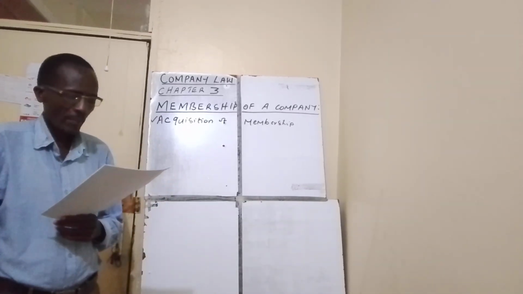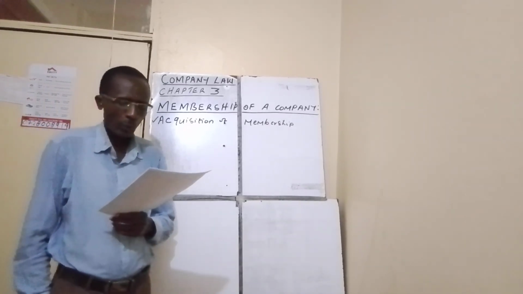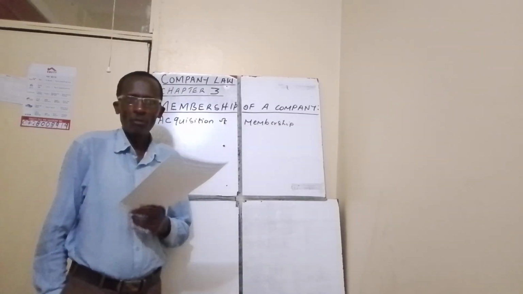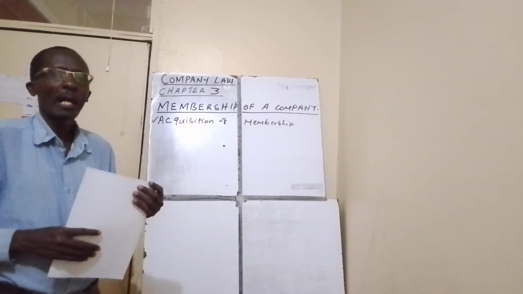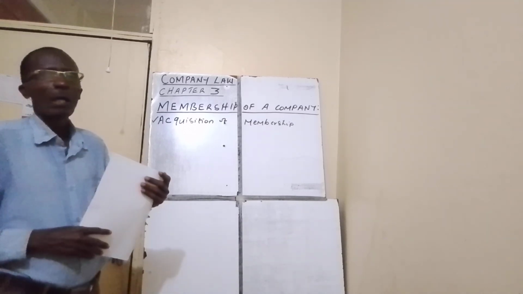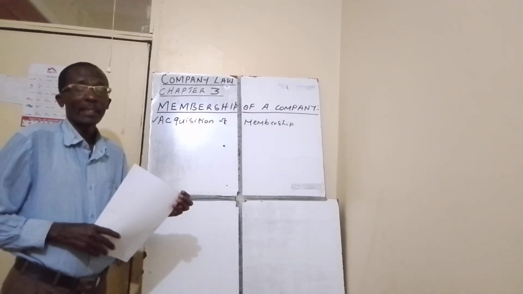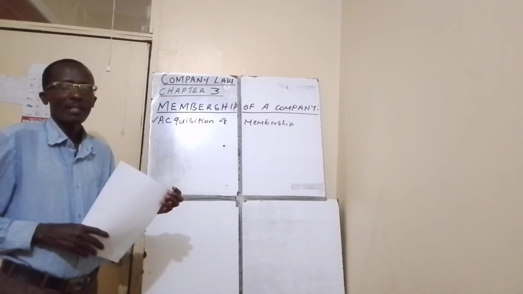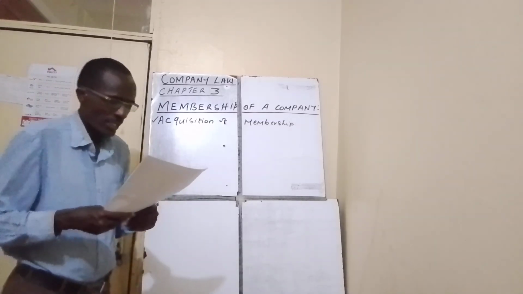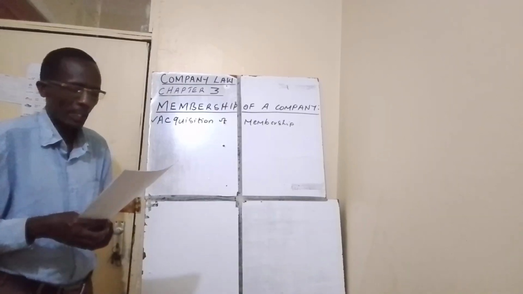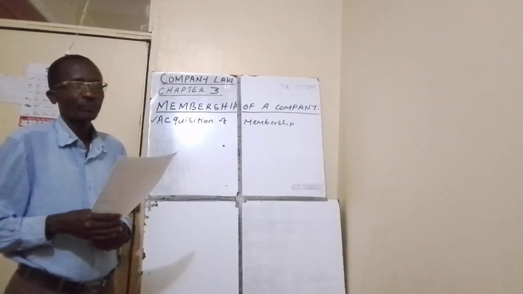A person may become a member of a company in one or more of the following ways. These are the ways in which you can become a member of a company. And I have said that member means a shareholder. One is subscribing to the Memorandum of Association, MOA.